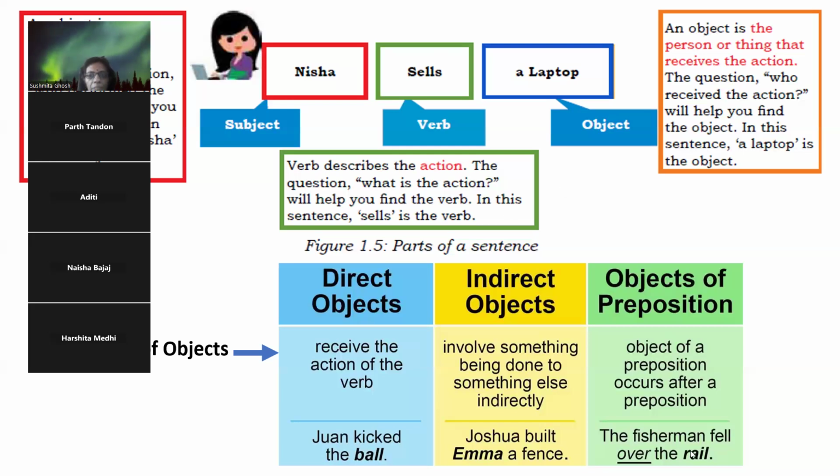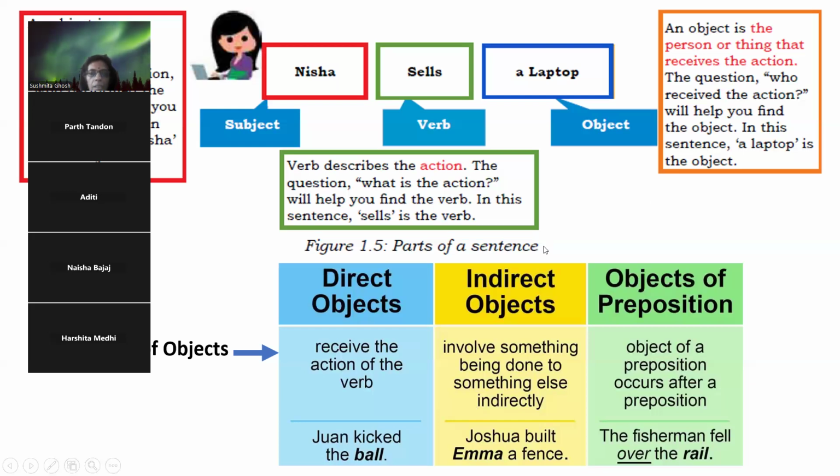And then we have the objects of preposition, where we are using the preposition words in, over, out, below, to refer to the object. Like the fisherman fell over the rail. So rail is my object here, and it is being referred to by the preposition. Okay. Joshua built Emma a fence. Emma यहाँ पे एक indirect object है. Involves something being done to something else indirectly.